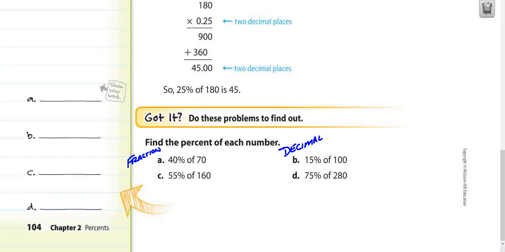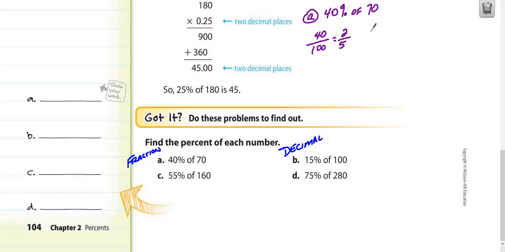Okay, so A, using the fraction method, 40% of 70. Step 1, turn the 40% into a fraction. It's 40 over 100, which simplifies to 2 over 5, since 20 goes in there twice.